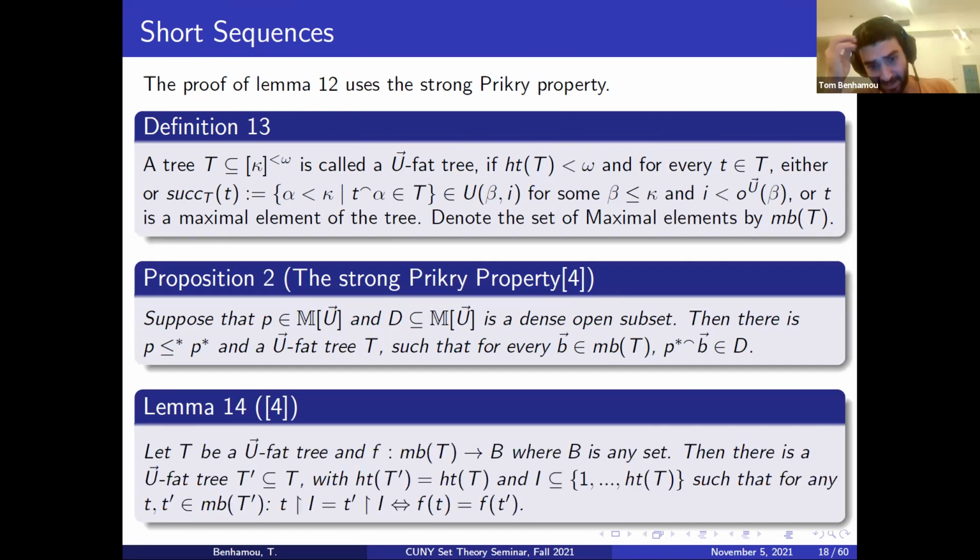So let T be a U-fat tree, and suppose that F is a function defined on the maximal branches of this U-fat tree to any set B. Then there is a U-fat tree T prime, a subtree of T of the same height, and a set of levels I, a subset of the levels 1 to height of T, such that for any two maximal branches of T prime, the restrictions to I are equal if and only if the values of the function on them are the same.